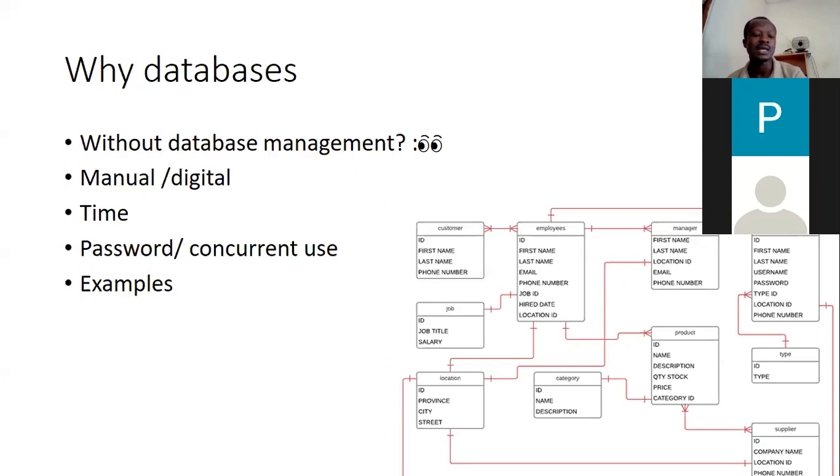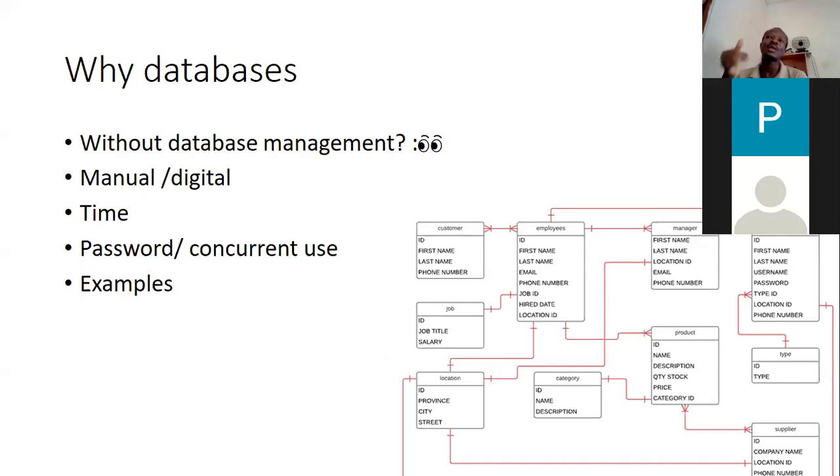Another disadvantage is time. Anything that's a computer-based system saves you time. Why? Because it's an electronic system, and the electrons move at a speed not comparable even to the speed of light.